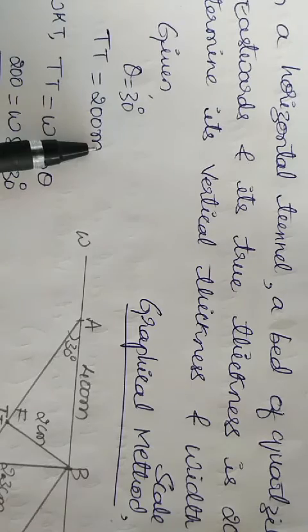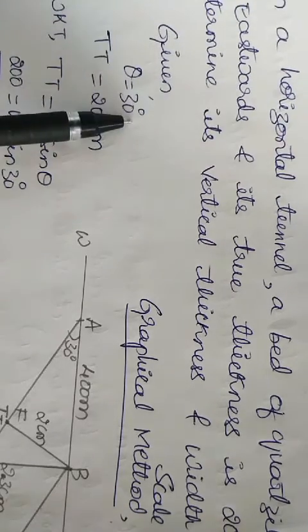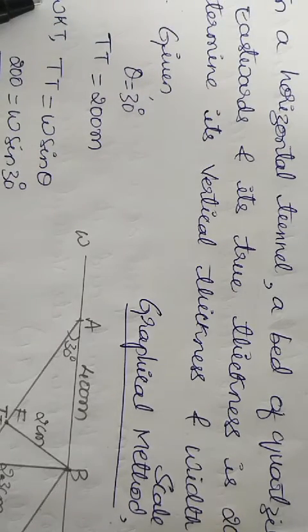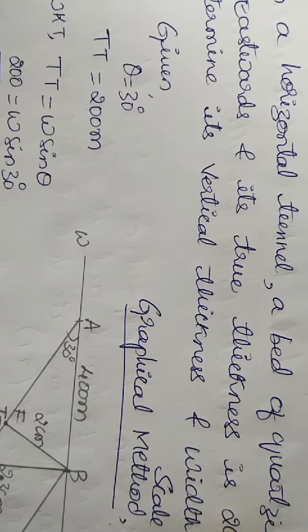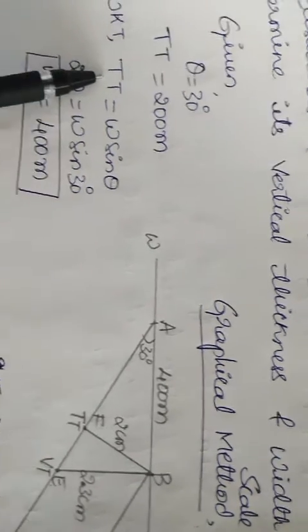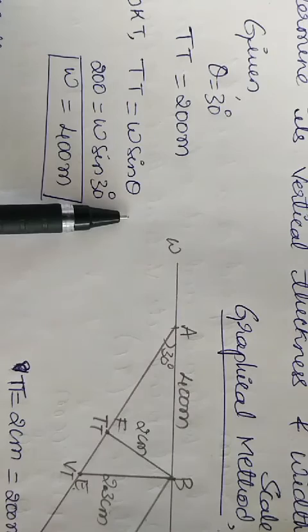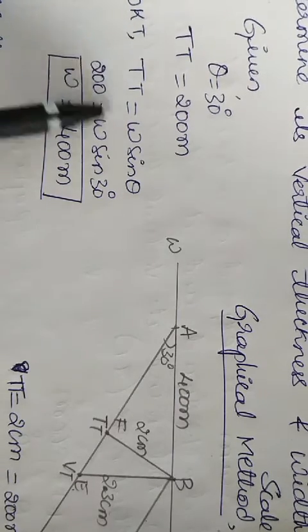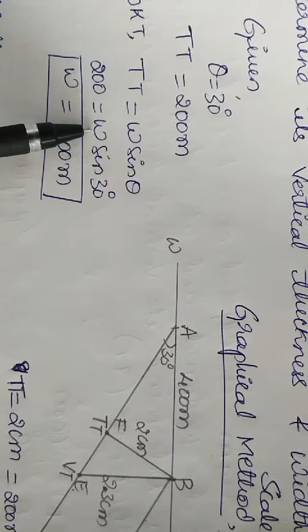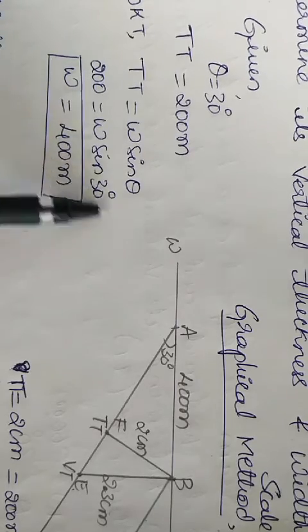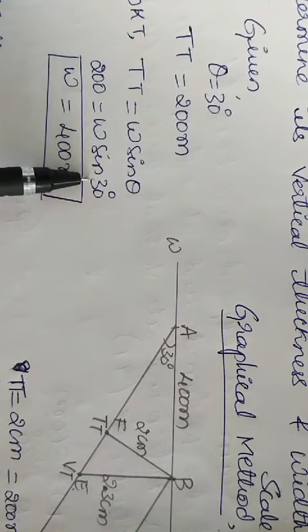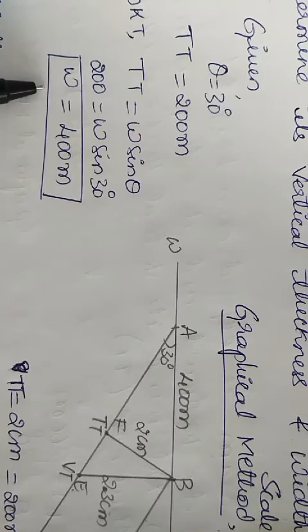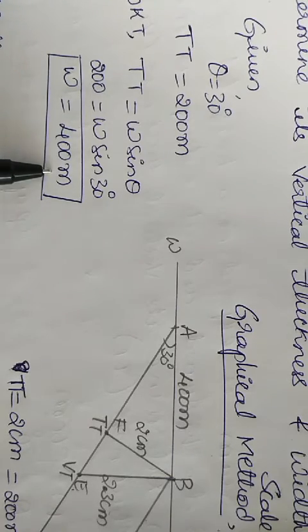By knowing the true thickness and the theta value, we can derive the width of the outcrop using the formula Tt = W sin theta. The true thickness is 200 meters, we don't know W, and theta is 30 degrees. Solving for W, we get 400 meters.